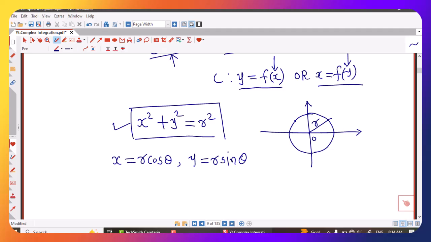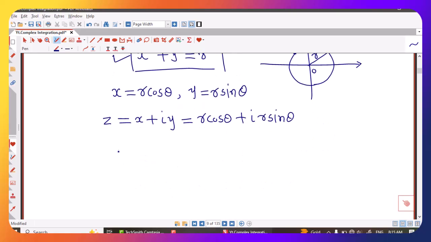So suppose z is some point on the circle, then z can be written as x plus iy. x is r cos theta and y is r sin theta.